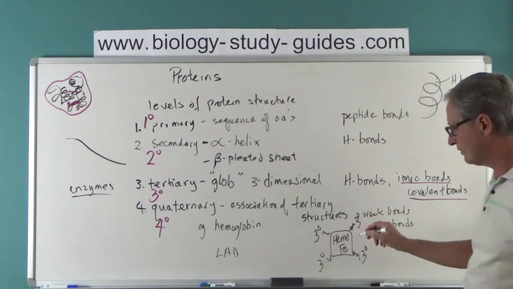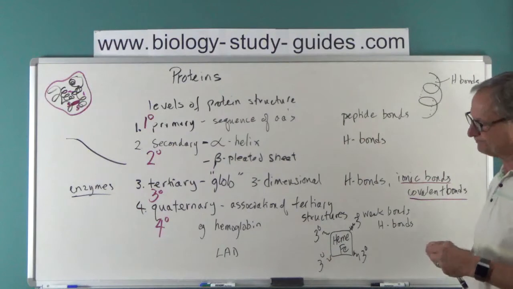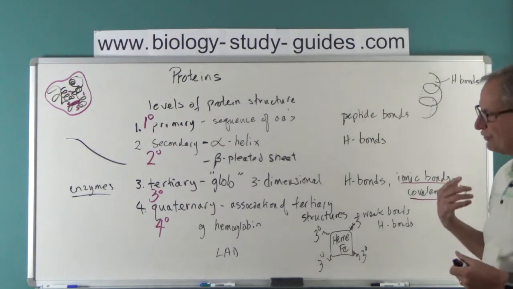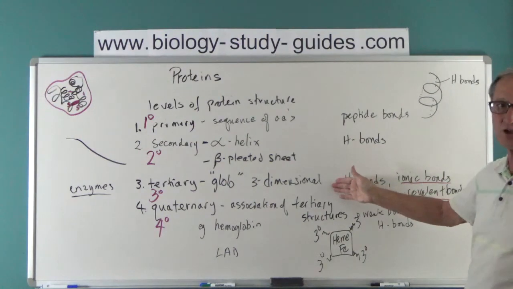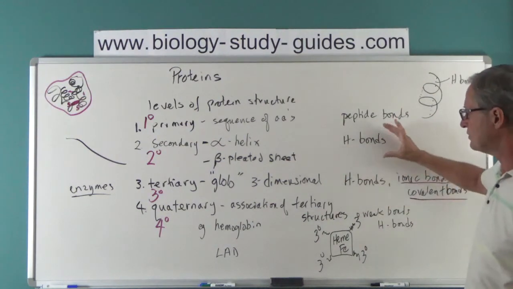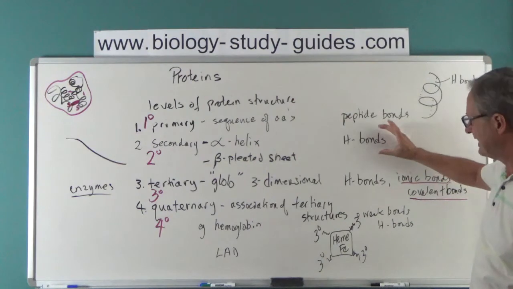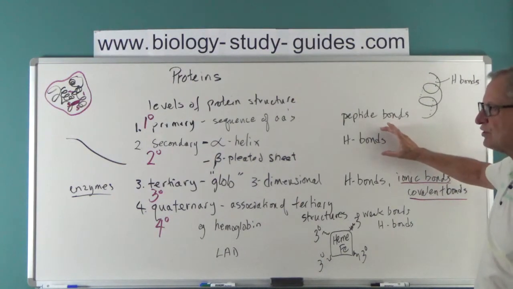So it's not very hard to destroy that type of molecule. It's also not hard to destroy this one. Hydrogen bonds themselves are weak. There's enough hydrogen bonding here that it doesn't get destroyed too easily.